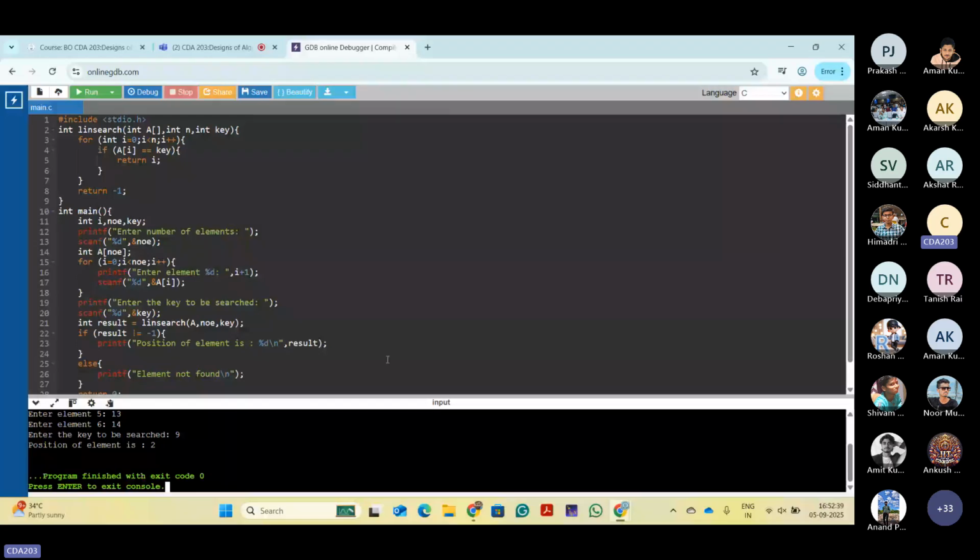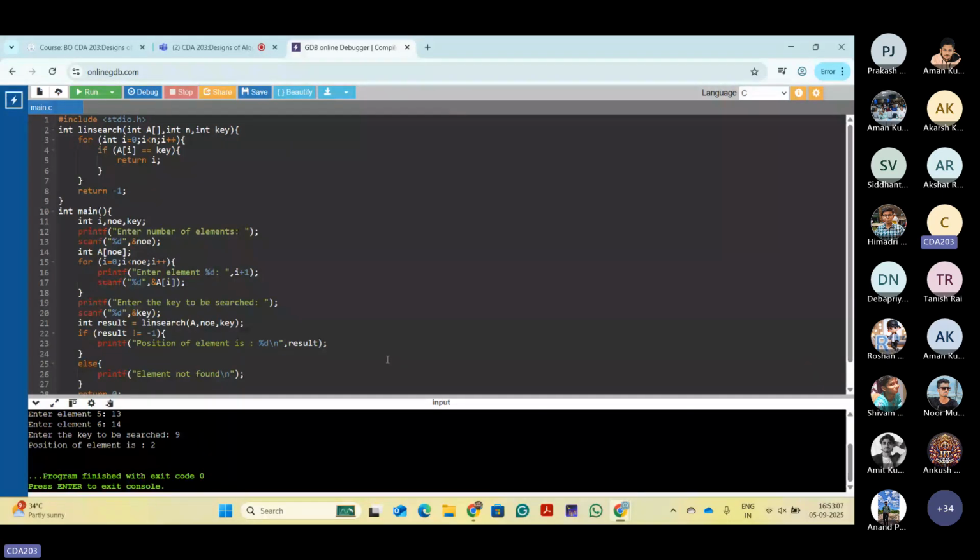Next, the next problem would be an application of this binary search technique that you have learned. You know the square root of a number, finding the square root of a number. Have you heard about this problem? Given an integer n, find the square root of n.